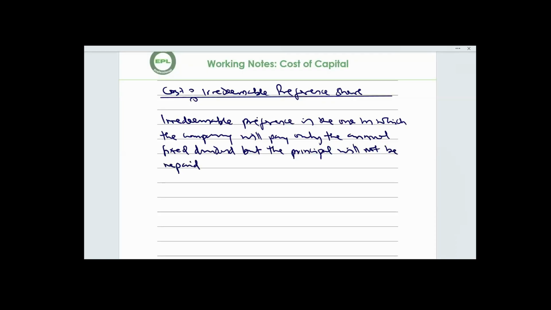As far as irredeemable preference share is concerned, the company is expected to pay only annual fixed dividend. The principal sum will not be repaid at all. The company will continue to pay annual fixed dividend for the foreseeable future, but the principal sum that the investor has contributed will never be repaid by the company. So that is irredeemable preference share.